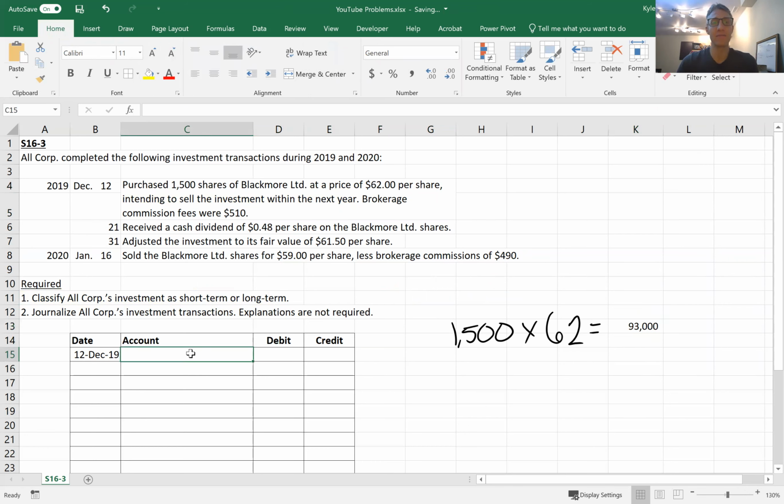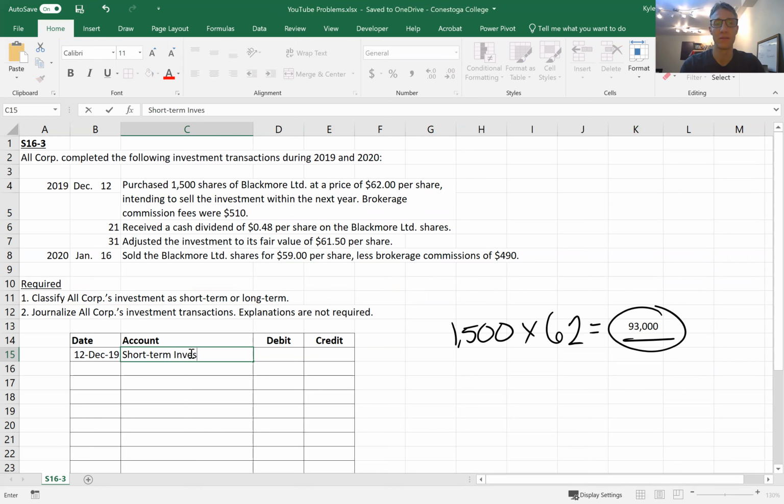All right, so they have a short-term investment. That's what they purchased. And the value of that short-term investment is going to be 93,000. The brokerage commission fees were $510. So that comes as an expense on the income statement.